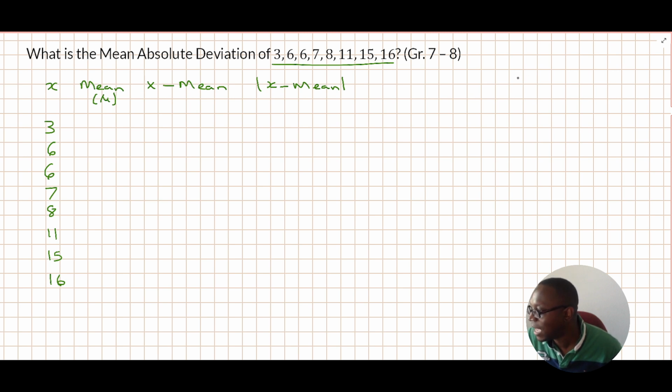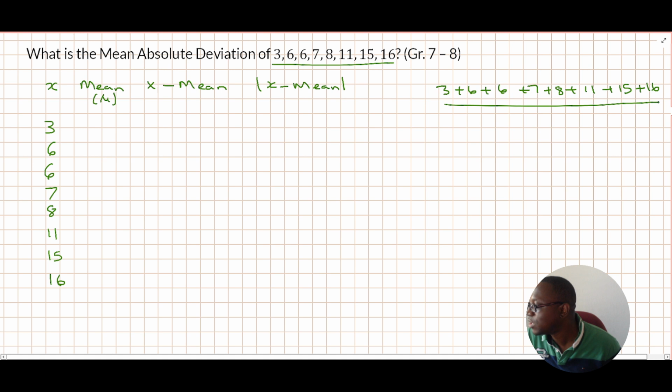So let's go ahead and add these numbers together: 3 plus 6 plus 6 plus 7 plus 8 plus 11 plus 15 plus 16. And then we're going to count how many numbers we have: 1, 2, 3, 4, 5, 6, 7, 8. So we have 8 numbers.